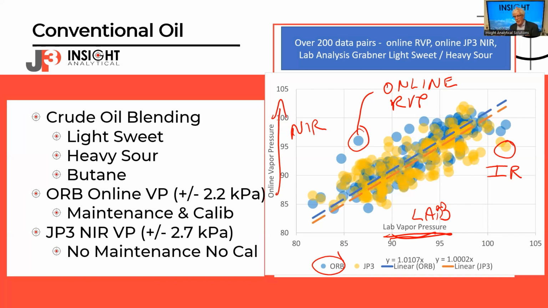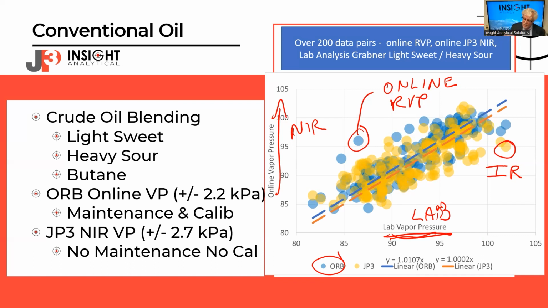The difference is it required almost no maintenance or calibration during the entire run. The infrared required no maintenance or calibration. So we can get better reliability. We also get 10 times, 20 times faster data. Updates every 15 seconds instead of every 5 or 10 minutes. It allows us to do better process control.